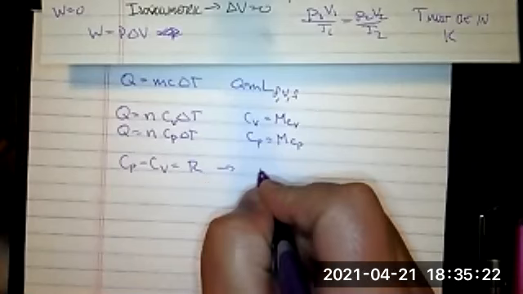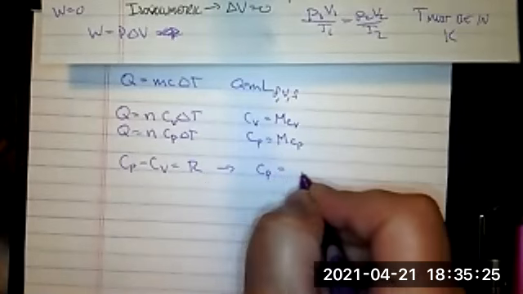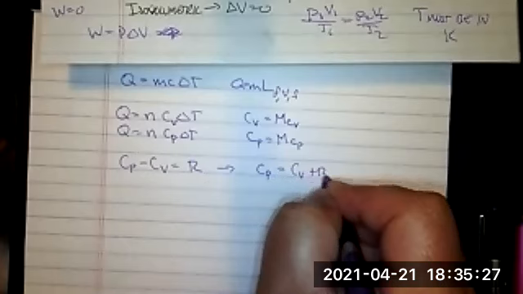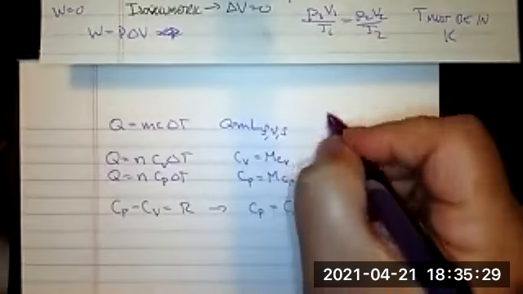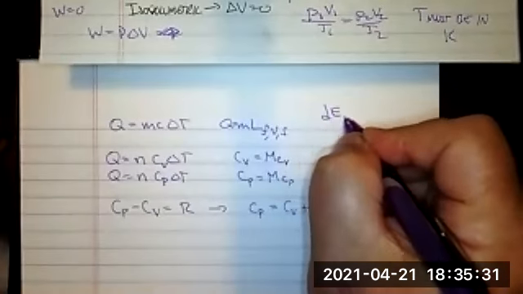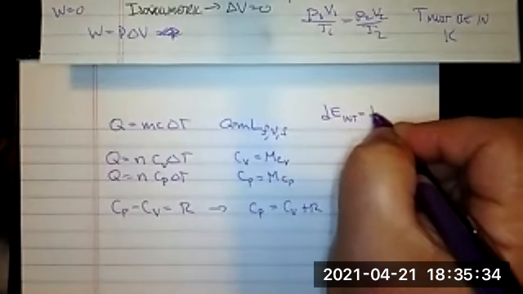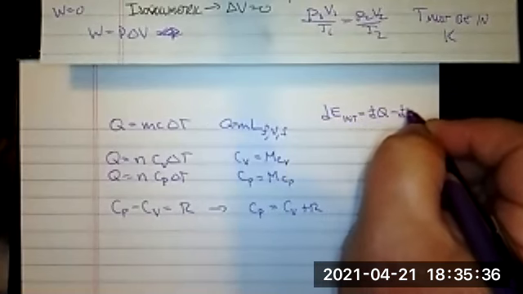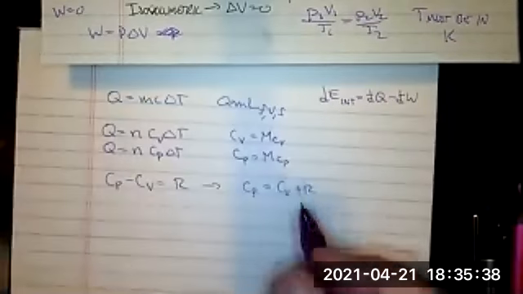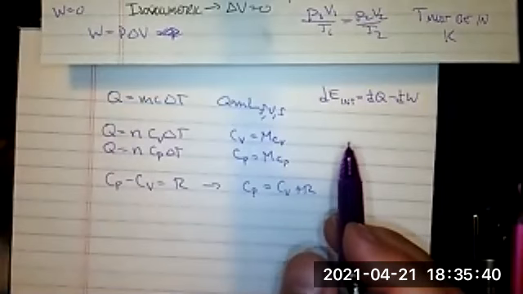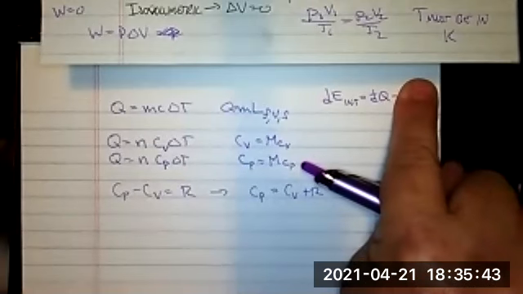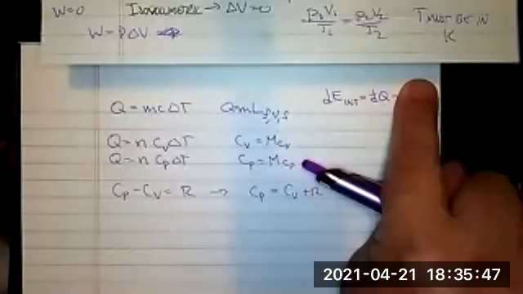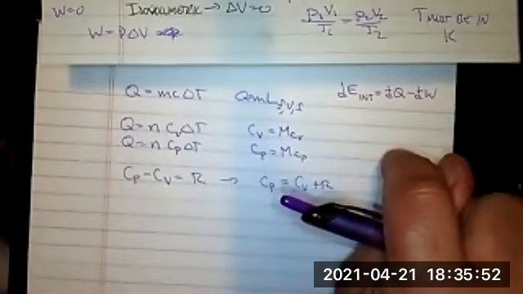And from that, you can see, look, if I go ahead and solve for C_P, you can see C_P is actually equal to C_V plus R, which goes back to what I was telling you. Remember, dE internal is equal to d-bar Q minus d-bar W. So when we're talking about constant volume, that must be, in fact, the quantity where every bit of heat goes into increasing the internal energy.